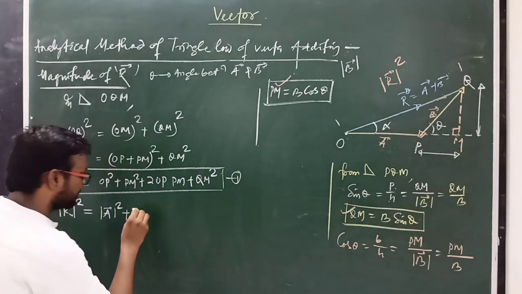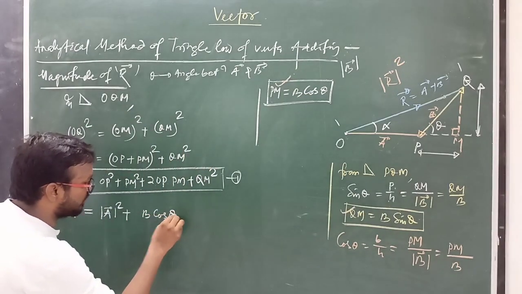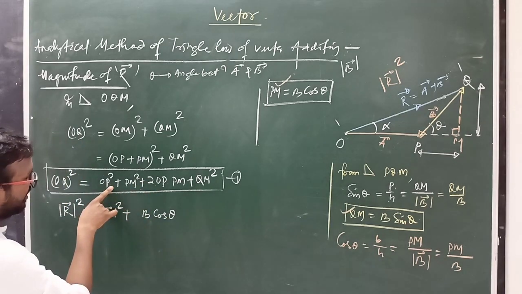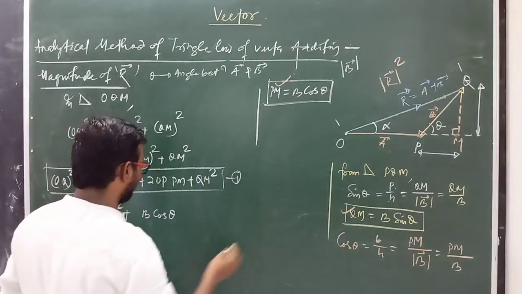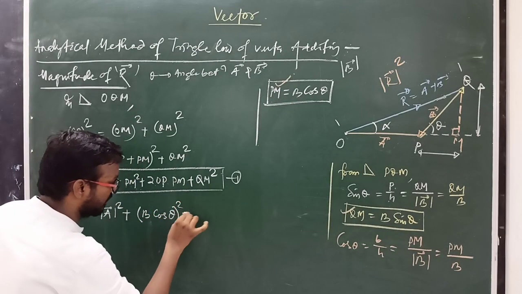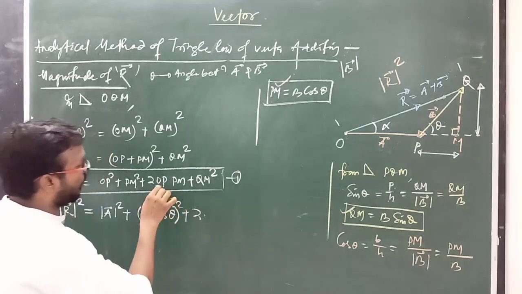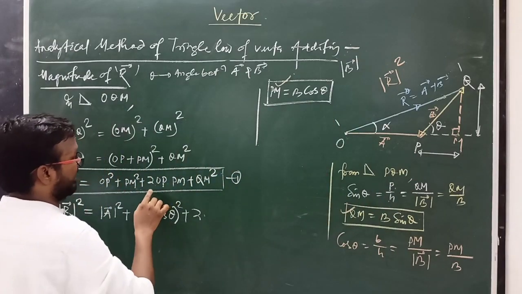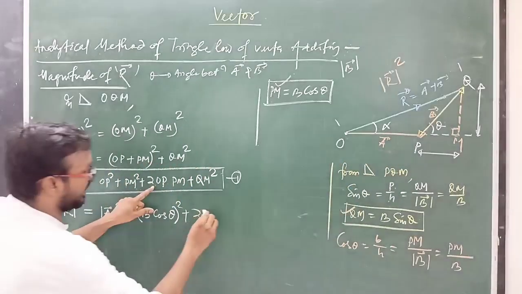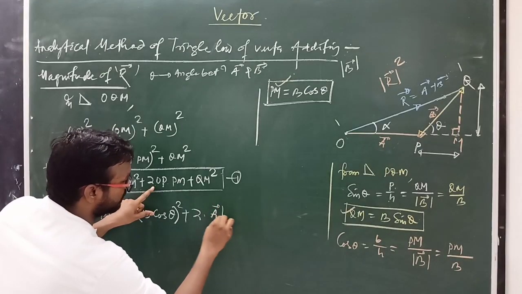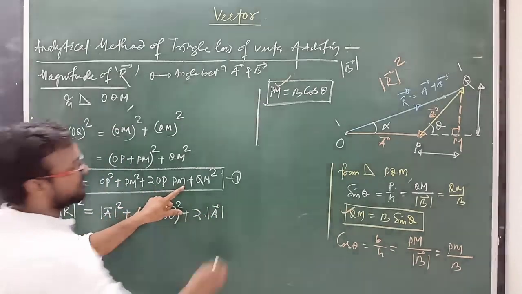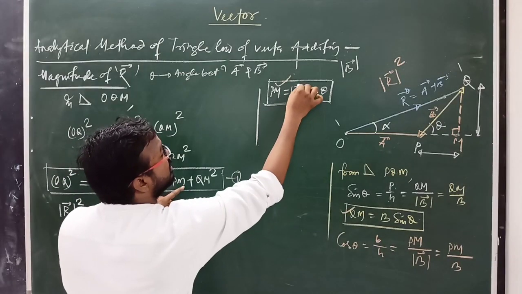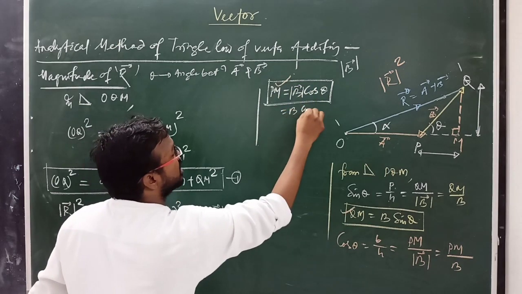PM is B cos theta, or you can write magnitude of B vector cos theta, whole square, plus 2 into OP, and OP is A. So 2 into OP is here A, and its magnitude we can write here, PM means B cos theta.